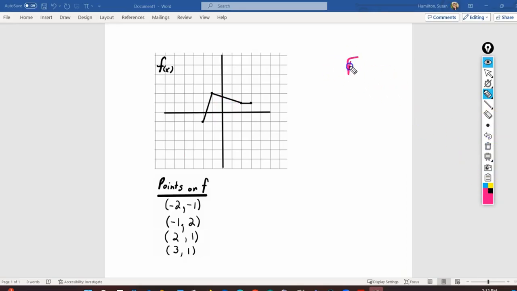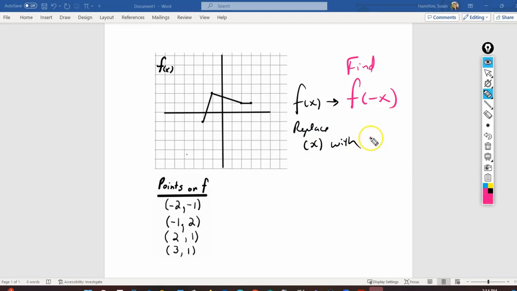Now, what if I change this and we're told to draw that? Okay, well, how do we get from here to here? We've replaced x with negative x, which is -1 times x. Okay.